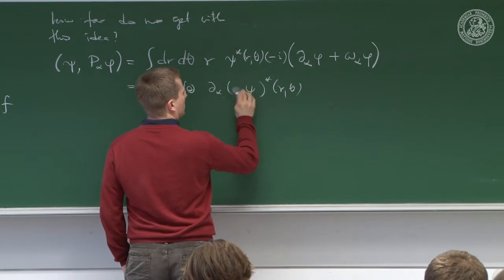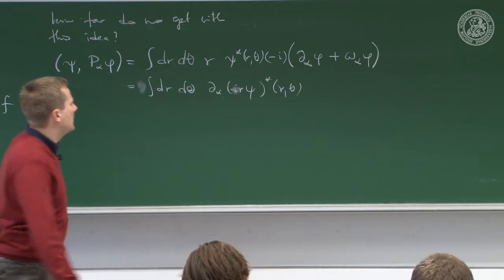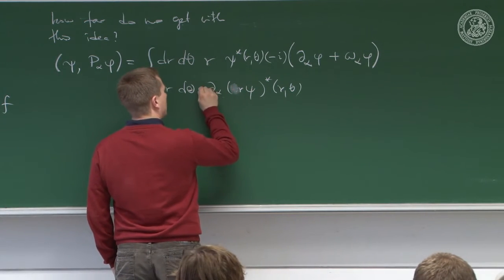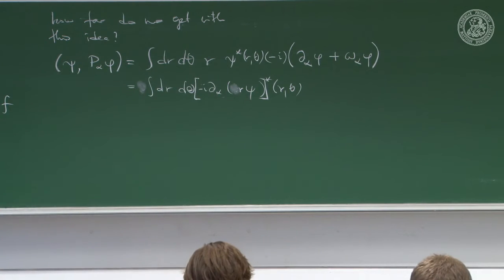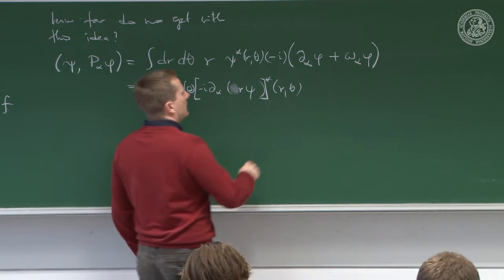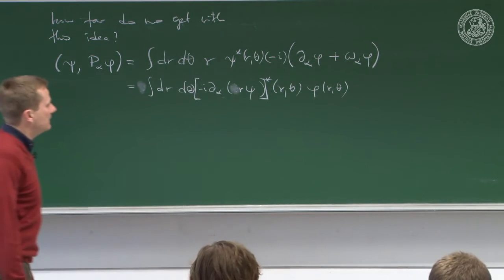Okay, so we pull the I in here again. It's a minus I, I'm sorry. I pull the I here and we do this. It's the same thing. And then the phi is free of any derivative action.